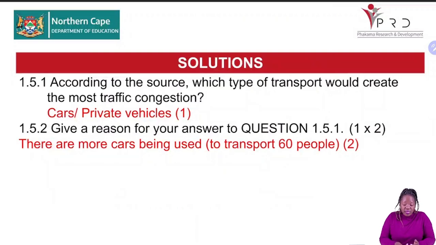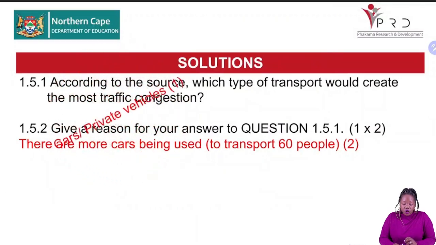So which means more of the private vehicles or the cars are the ones creating traffic. Then secondly, giving a reason, there are more cars being used instead of public transport, whereby there are so many people that are accommodated.